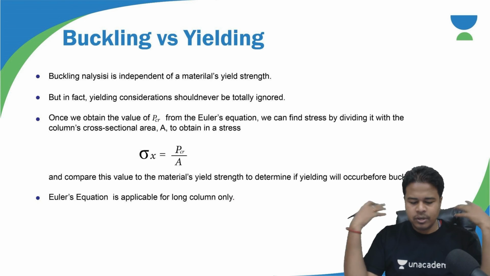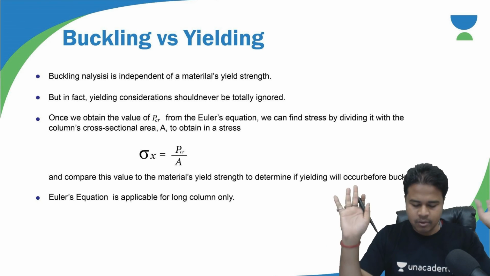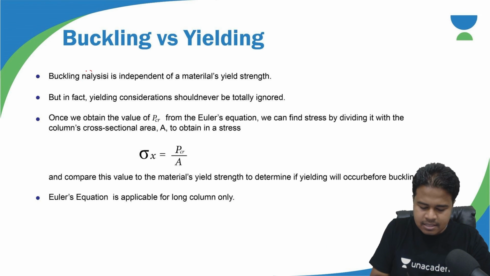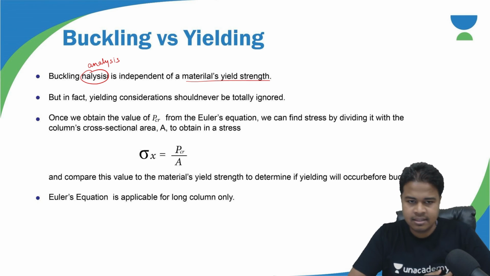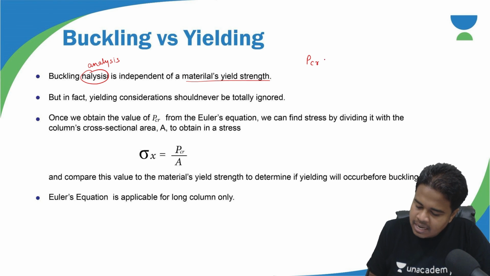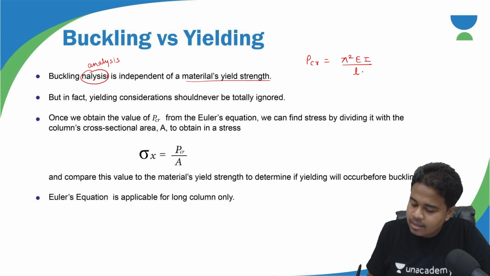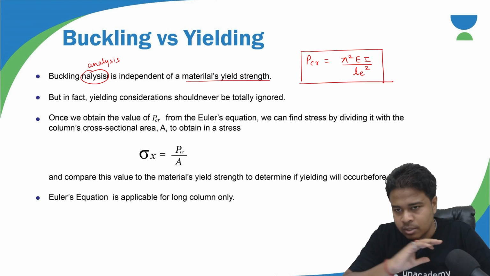Now, I am going to compare the buckling and yielding. Obviously, buckling analysis is independent of the material's yield strength. You can see we derived P critical is equal to pi square EI divided by L effective square. This is the common formula for all the cases.